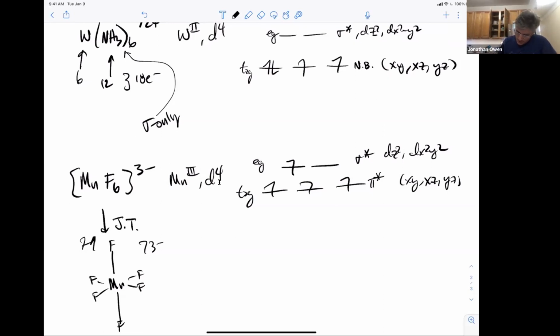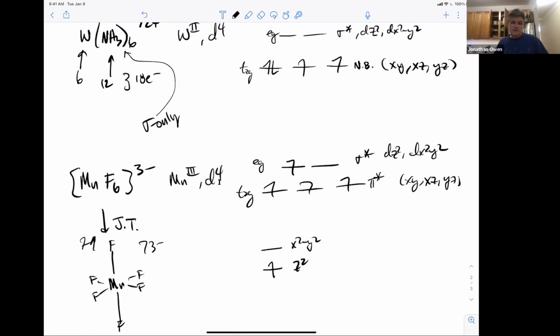So now you're going to end up with a new arrangement where z squared is lower, x squared minus y squared is higher. And what happened? The electron that was in that level went down. You gained some bonding, you lowered the energy of the electron. Those are changes that stabilize the compound.